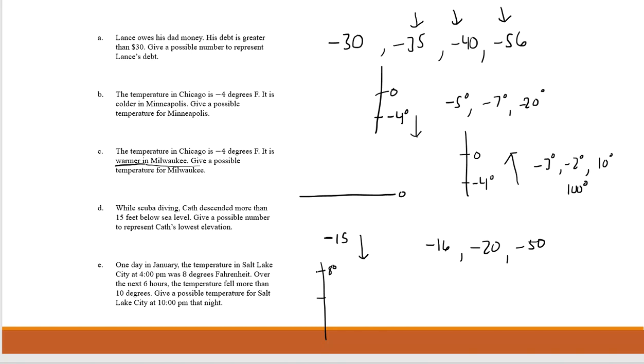So if we're at 8 here, if we go down to 0, that would be 8, and then we'd have to go at least 2 more, down to negative 2. So it has to be something colder than negative 2. So you could have said negative 3, negative 10, negative 15. All of these would have worked.